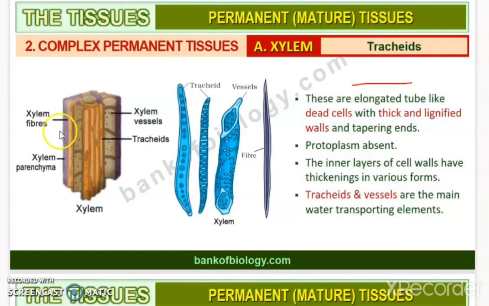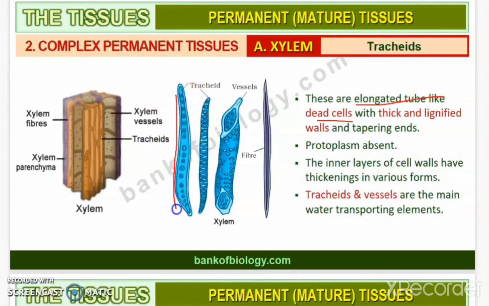Now what are these tracheids? These are elongated tube like dead cells with thick and lignified walls and tapering ends. So what is it? It is an elongated tube like dead cell. So these are all dead cells. So tracheids are all dead cells. How are they? They are elongated.